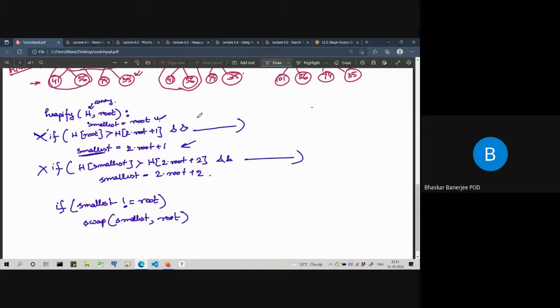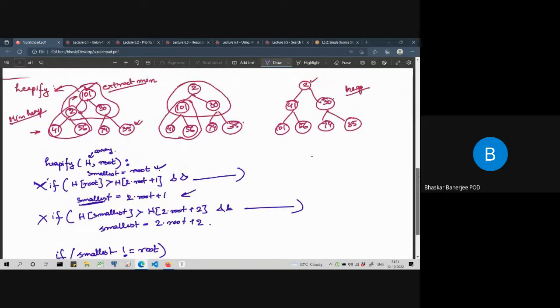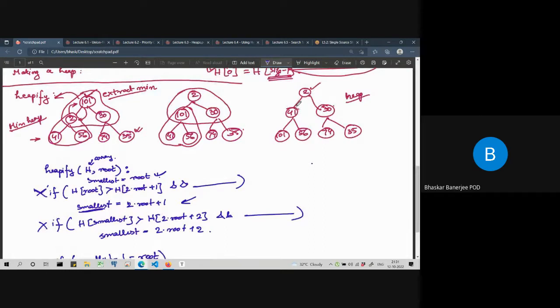Okay. So let's say in this tree, what would happen? This tree 41, 101, 56. Assume this is the root. You do the first comparison with the left child over here. This is your left child comparison.